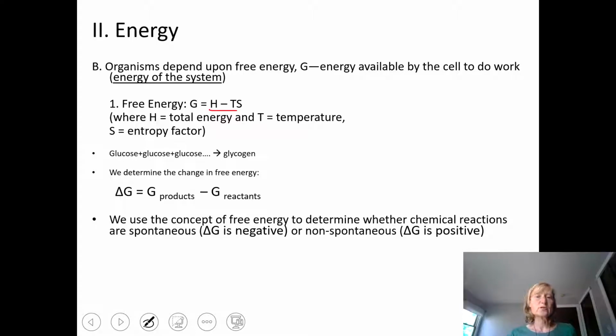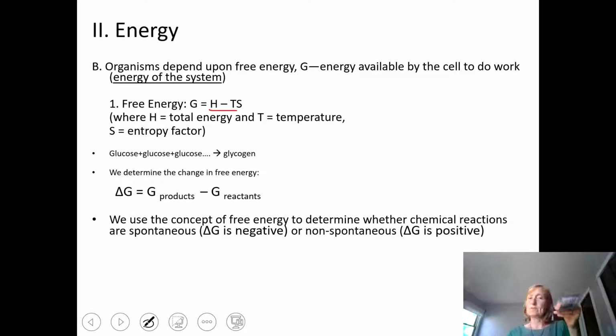We're really interested in using this concept of free energy with respect to reactions. So let's say I wanted to build glycogen. Glycogen is a complex molecule made up of hundreds or thousands of glucose molecules. So it's a big molecule. I can think of that as a big long slinky, made up of many little glucose molecules.